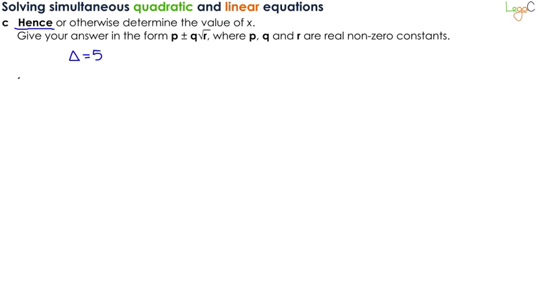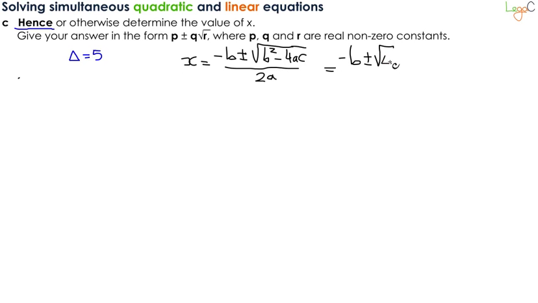Well, let's look at the quadratic formula, which says x equals minus b plus or minus square root of b squared minus 4ac over 2a. Or we can write it as minus b plus or minus square root of, remember that this is actually the discriminant, so that's delta over 2a.